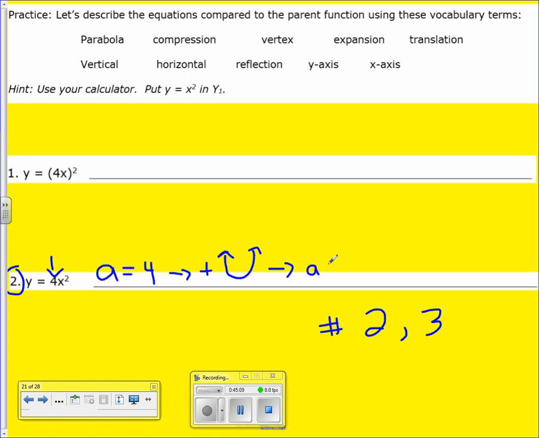So our a value is greater than 1, which means it is going to be a vertical expansion, which means that it gets taller and thinner. And we're going to neglect number 3.